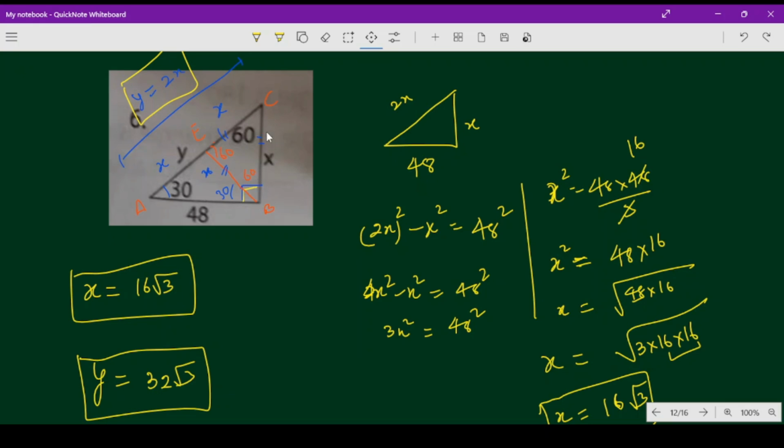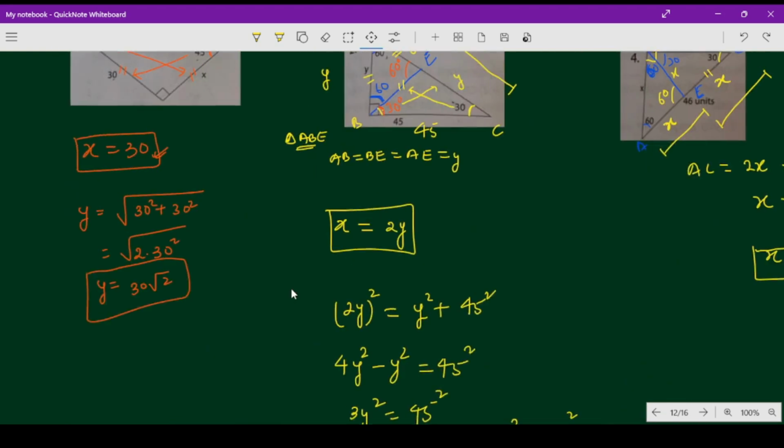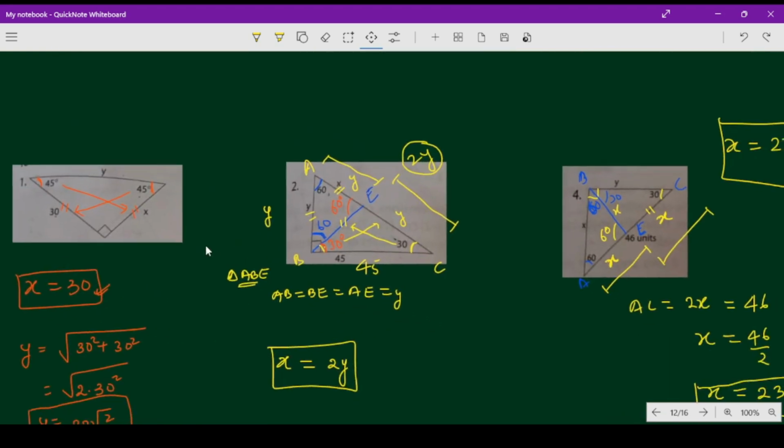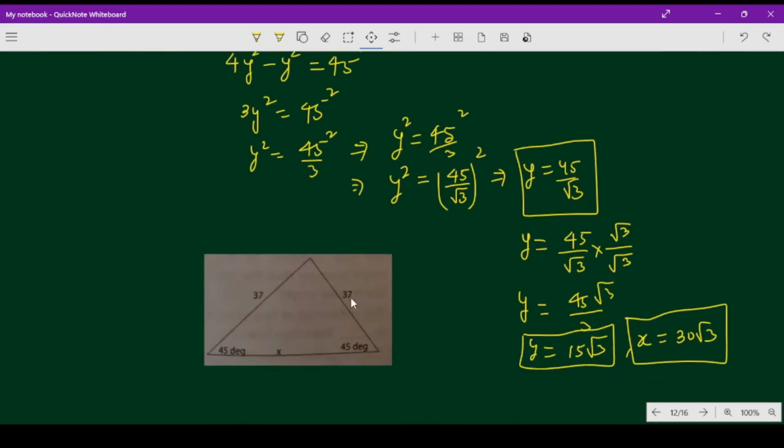So here we can see that if one side is x, then the hypotenuse is 2x. We already saw the same thing in the first question, and in the second question over here, 60 and 30. So the hypotenuse is double of the side which is missing over there. We just need to use this result to get the solution for this kind of question.